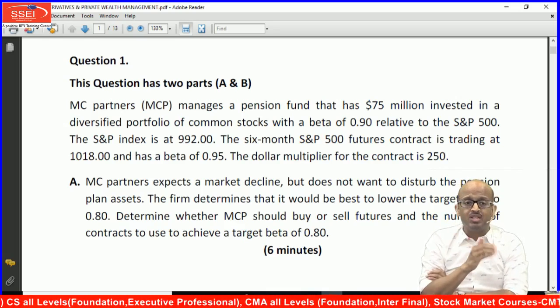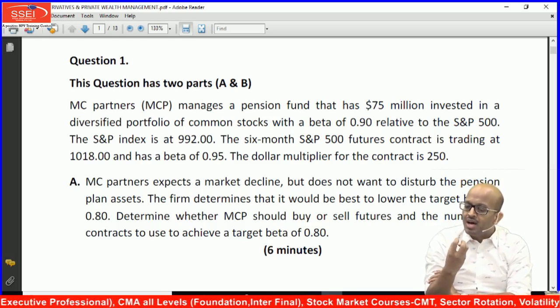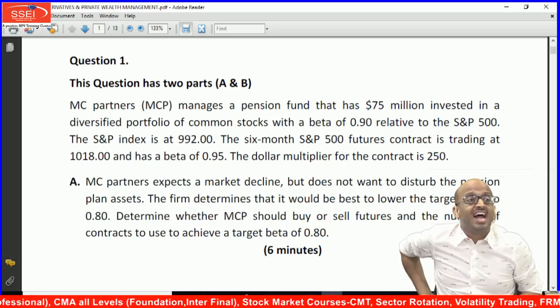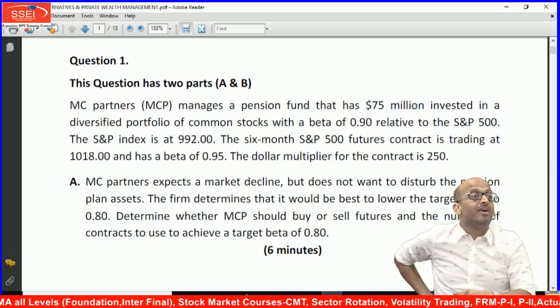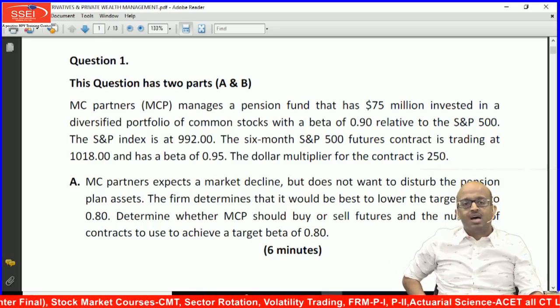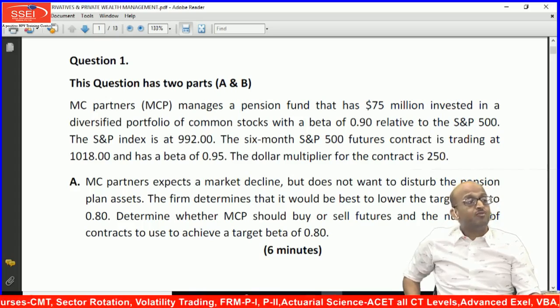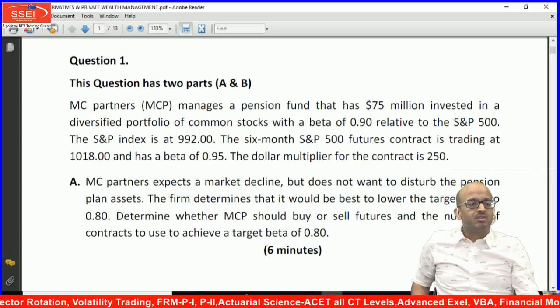Even though the market falls, my stocks will fall because of the beta effect, but still there will be some unsystematic positive influence and they will not fall according to the 0.9 beta. The 0.9 beta is as per historical estimates. I believe that I will earn alpha. And therefore I would not like to liquidate the portfolio.